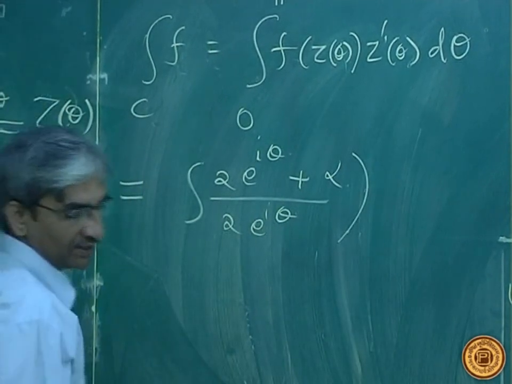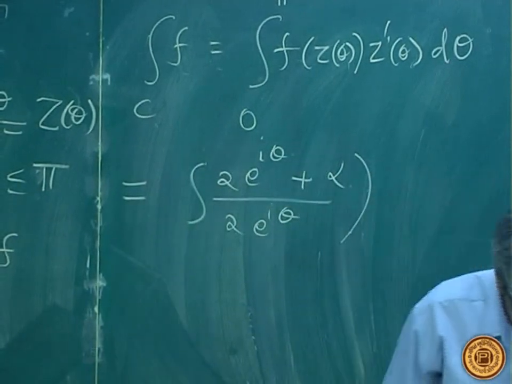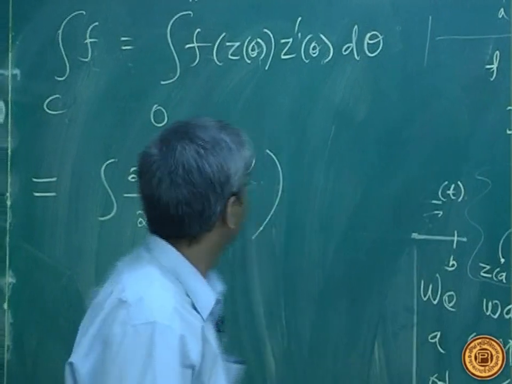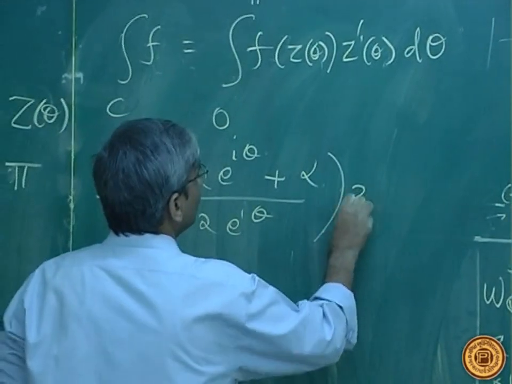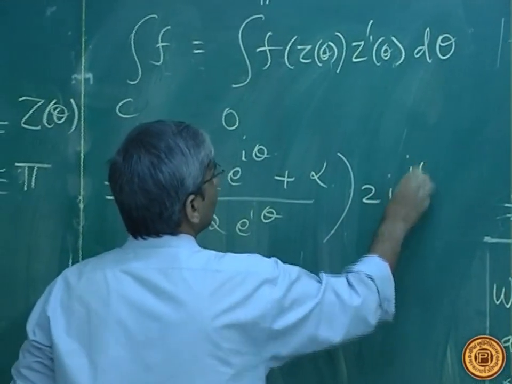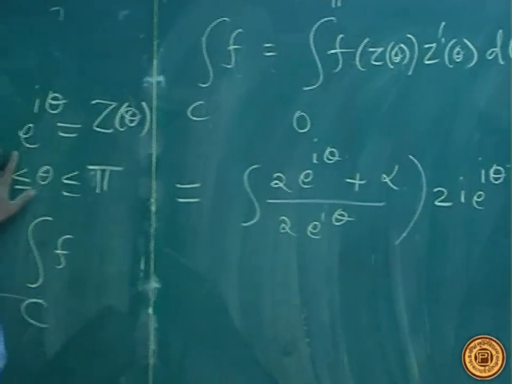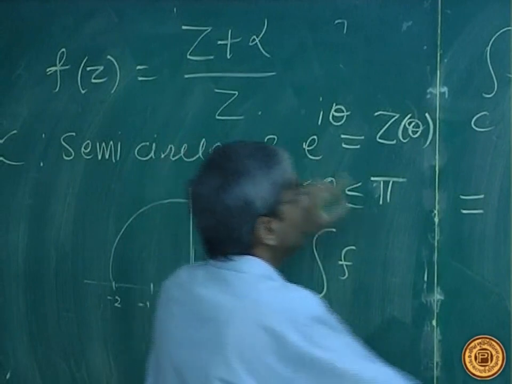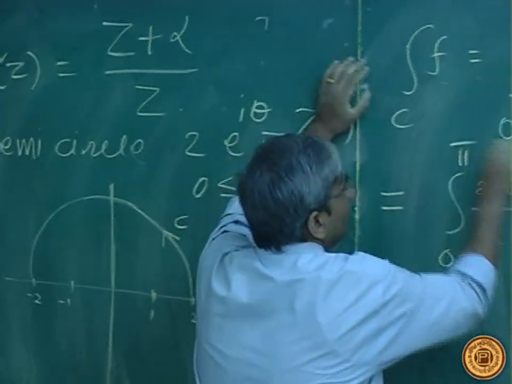What is z prime theta? z prime theta is 2i e raised to i theta, because z theta is this. So the derivative is 2i e raised to i theta. Is this clear? And 0 to pi d theta.